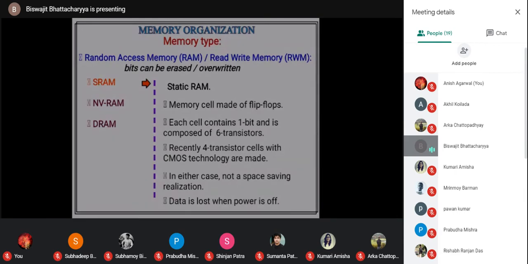But since at least 4 transistors are required to constitute 1 bit, to store 1 bit of memory content, the entire application is not at all space saving. Therefore, in space applications, meaning outside the earth, when a lot of electronics are required, space is an important thing, and they are also not radiation hardened.